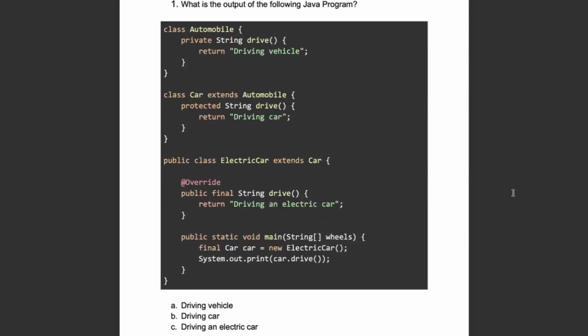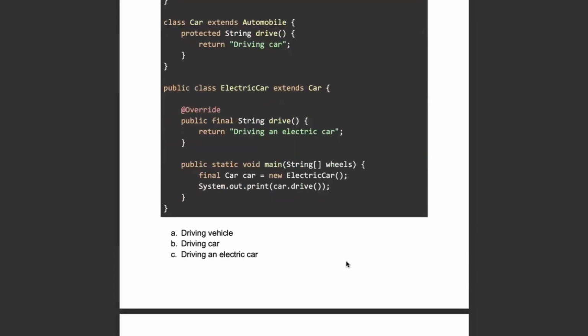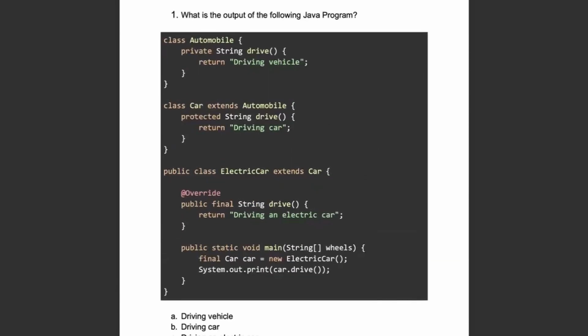Okay? You can start putting answers. Even if you don't know, just put any A, B, C, D, whichever you feel like. But just put something. Okay, D is compilation error. Okay? I'll wait for a minute. You can take a look at the question.